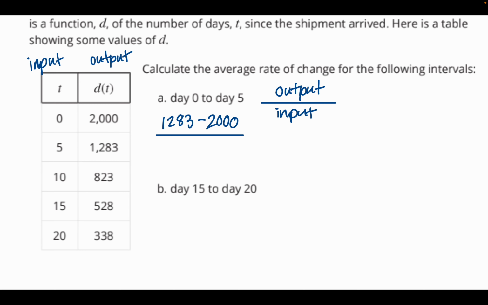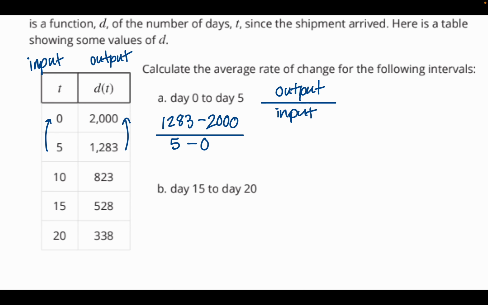Then we go in the same direction and do 5 minus 0. That's the general way you want to do things. However, you can do it the other direction, going forward for both. You just have to be consistent. You can't go one direction for one and another direction for the other. You either go forwards for both or backwards for both.